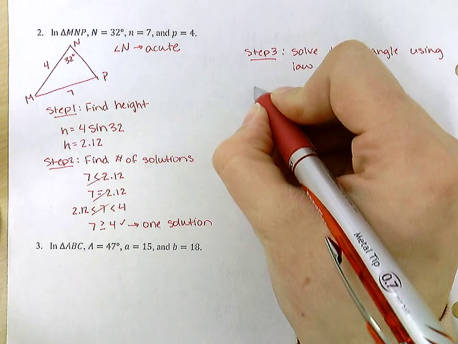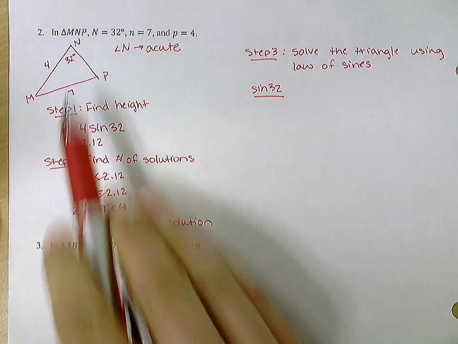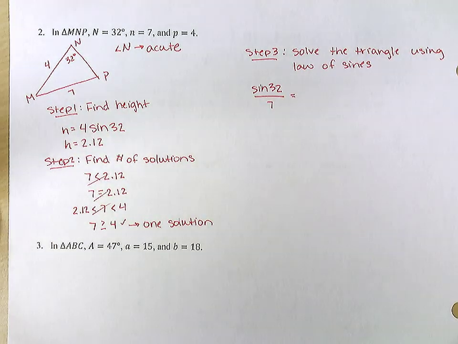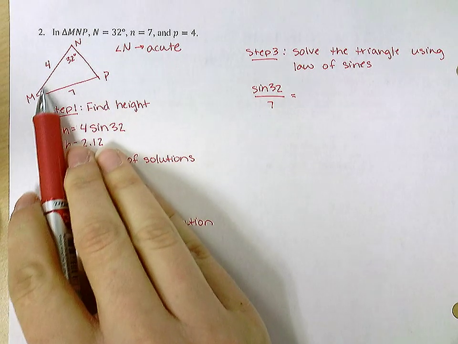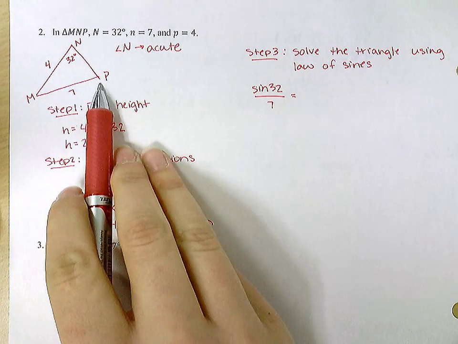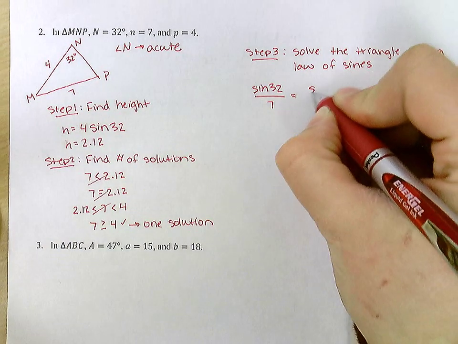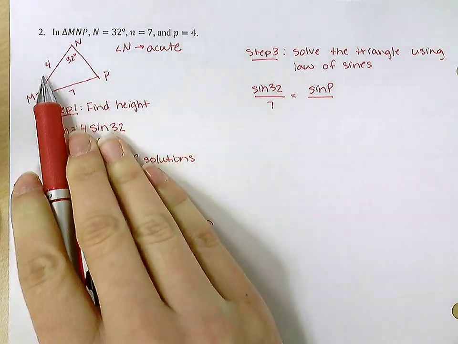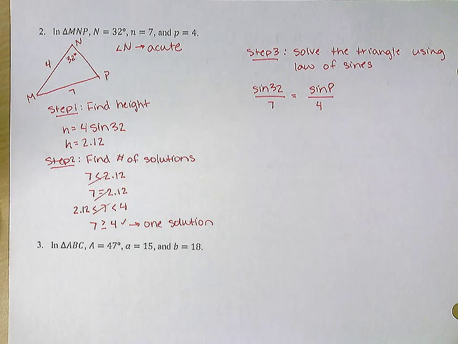So I'm going to take sine of 32 over its opposite side, which is 7. That's equal to, since I have this side here of 4, I'm going to find angle P first. So I'm going to take sine of angle P over its opposite side, which is 4. So that I only have one variable within my problem.